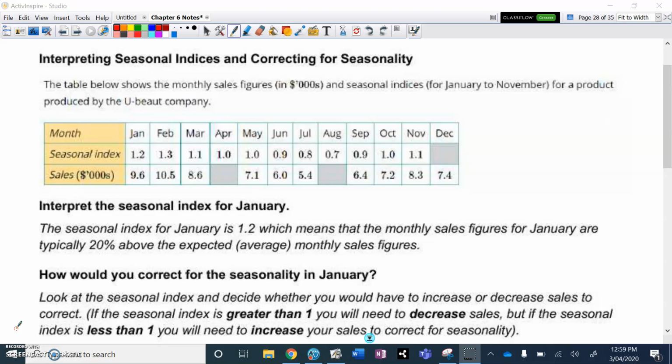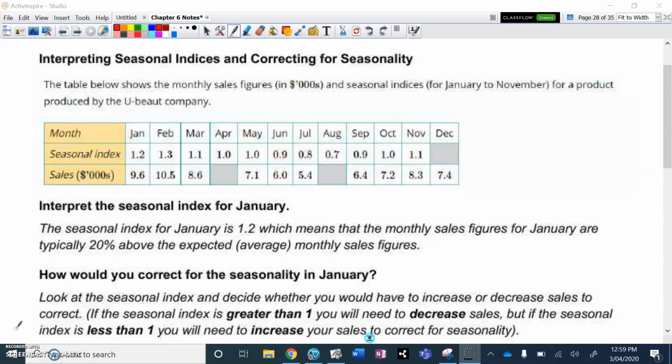On the other hand, if you had a seasonal index of 1, April for example, you'd be saying that monthly sales figures for April are typically average. So any seasonal index of 1 means it is average for that particular month. Anything above 1 means sales for that month are above average.